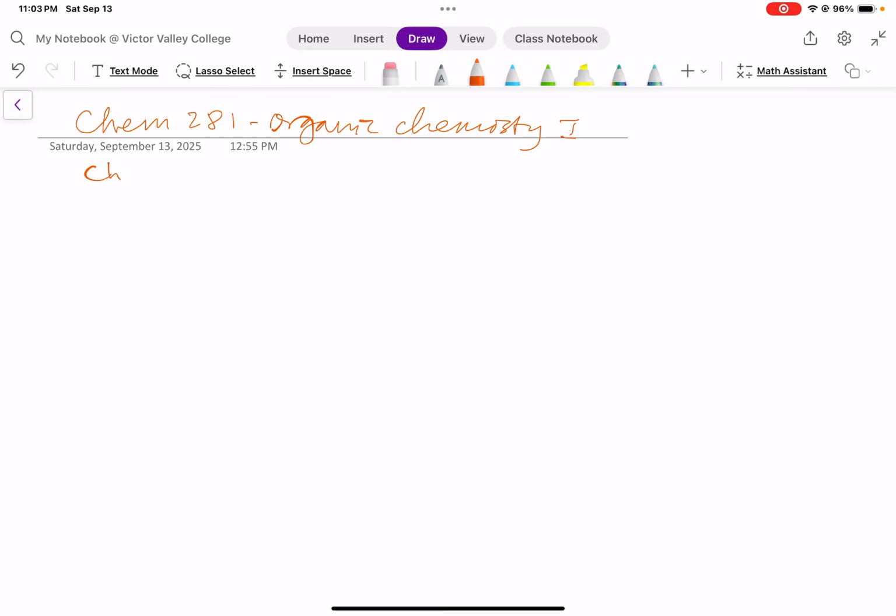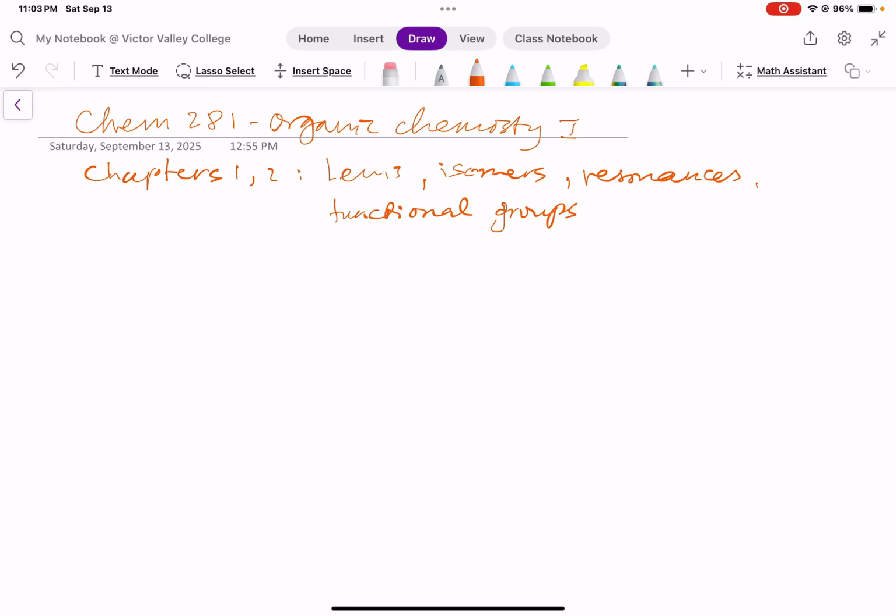have discussed chapters 1 and 2, and the key concepts are the Lewis structure, isomer, including structural isomer and geometric isomers, resonances, functional group, acid base, and hybridization, so on and so forth.